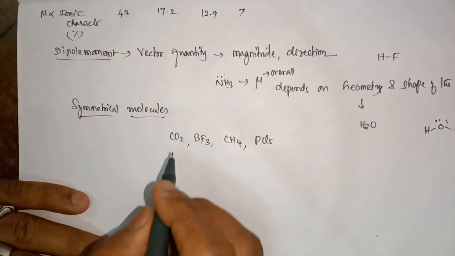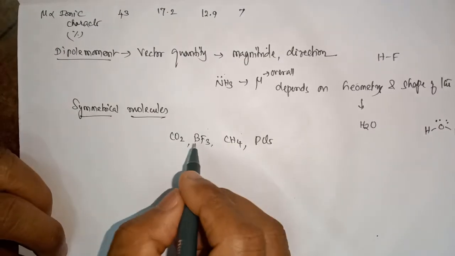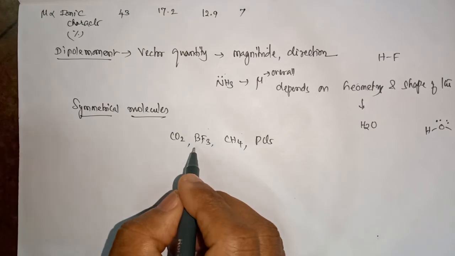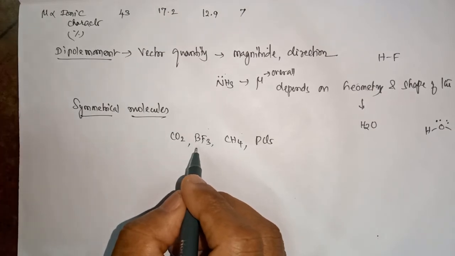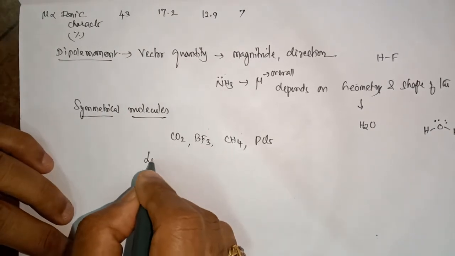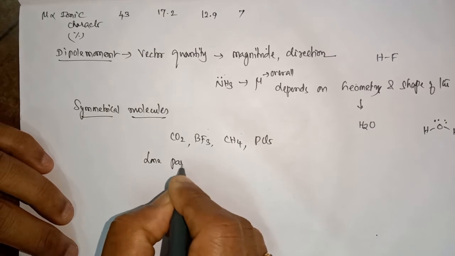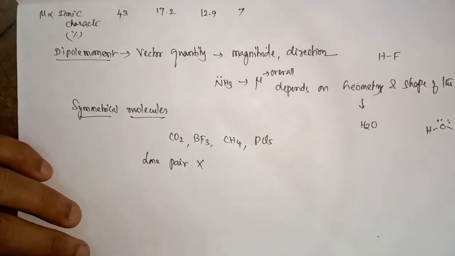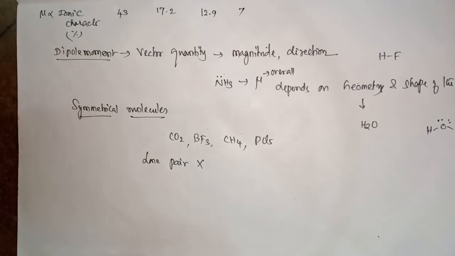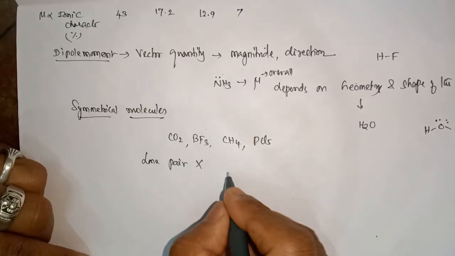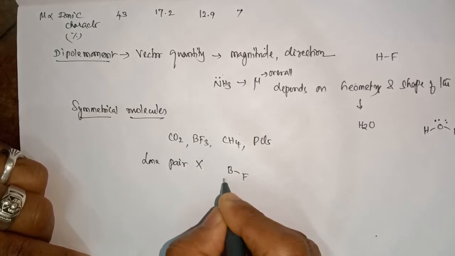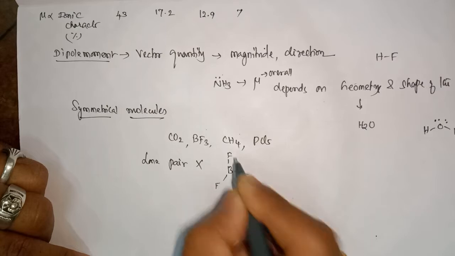How do we find out if the given molecule is symmetrical? It should not have a lone pair, as well as the central atom being surrounded by the same type of atom. Take BF3: boron is surrounded by fluorine, fluorine, fluorine, the same type of atom.